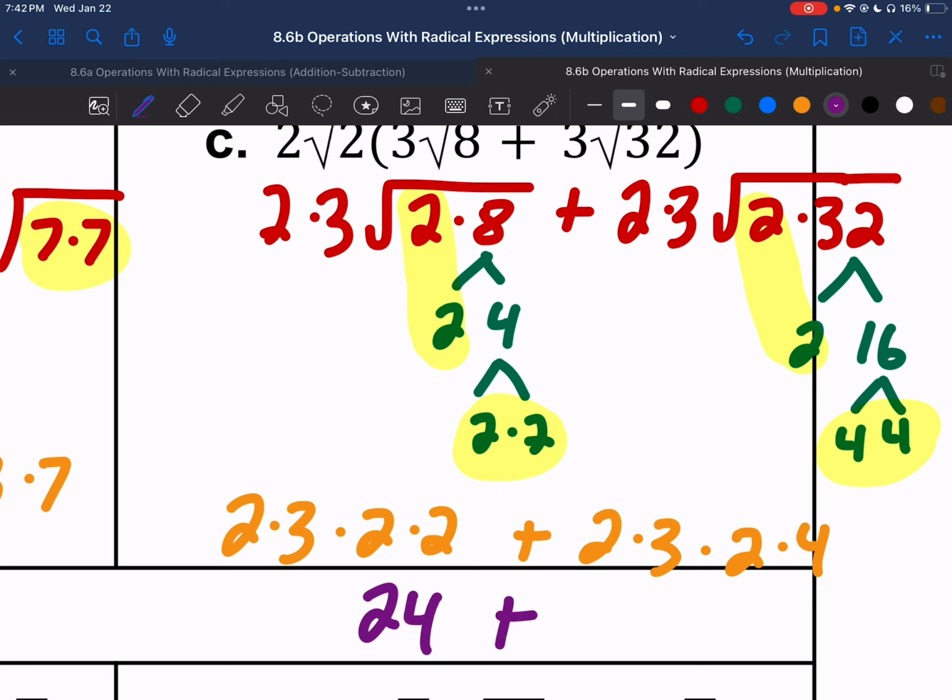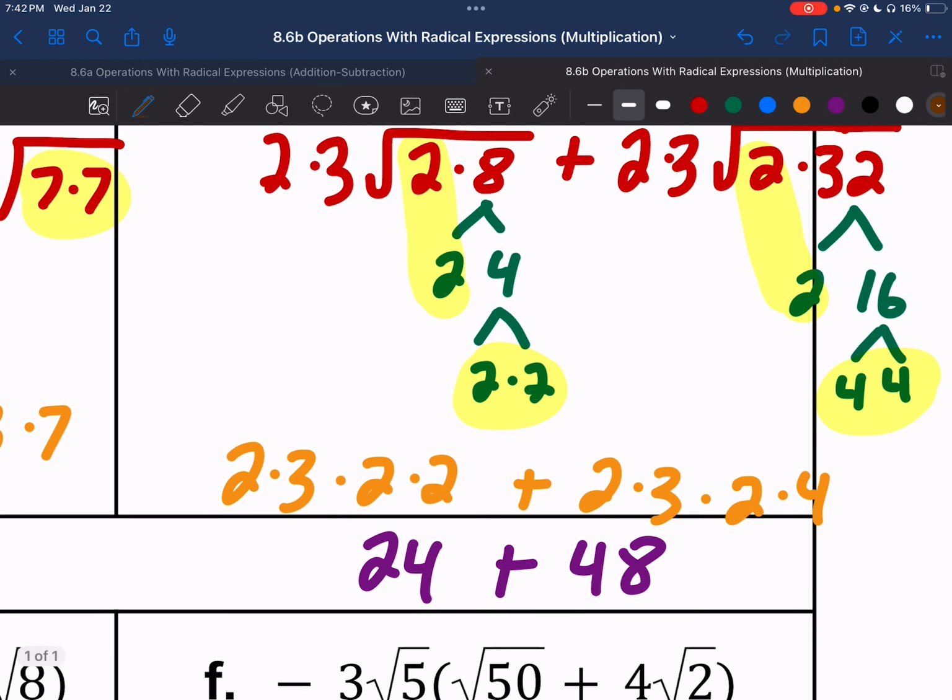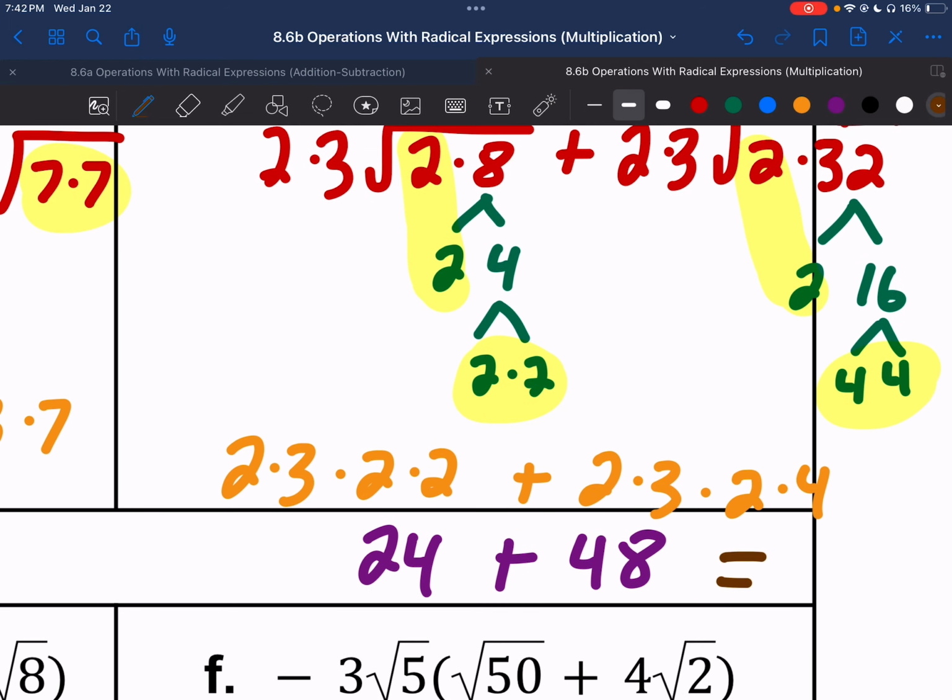Plus 2 times 3 is 6, times 2 is 12, times 4 is 48. You add them together and you will get 72.